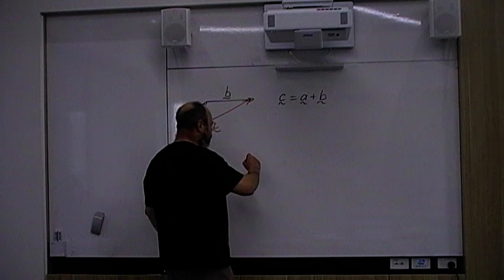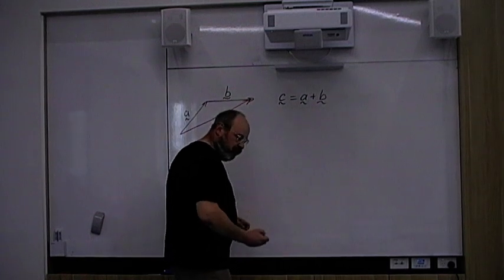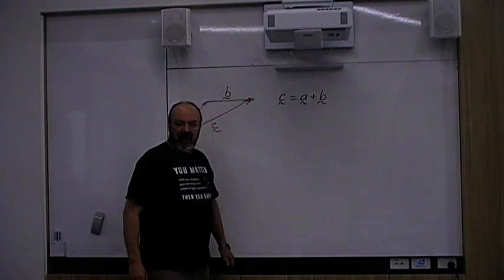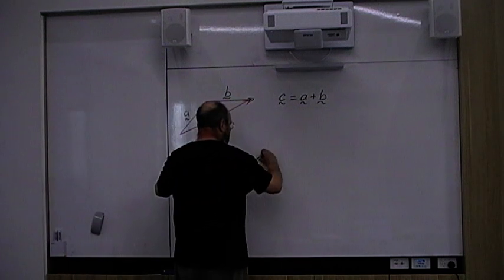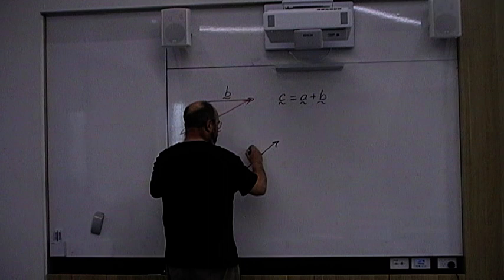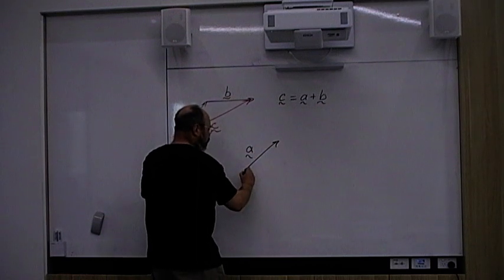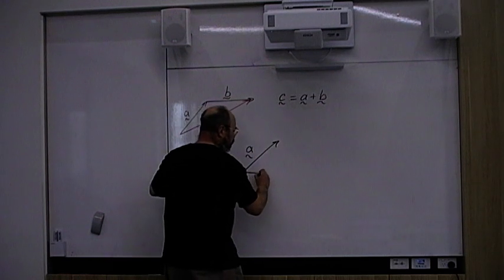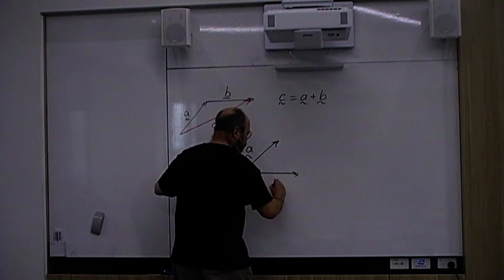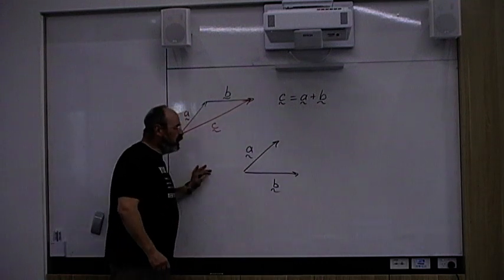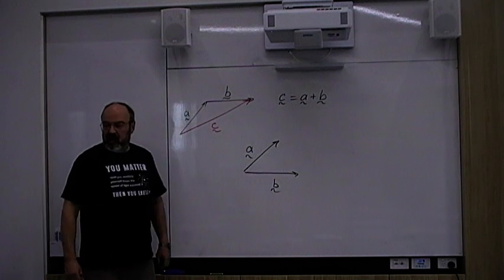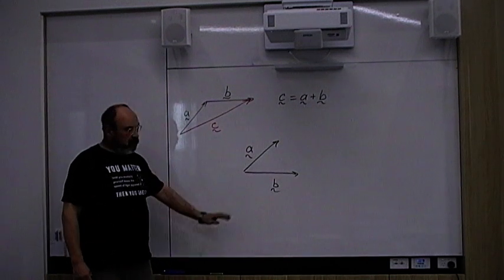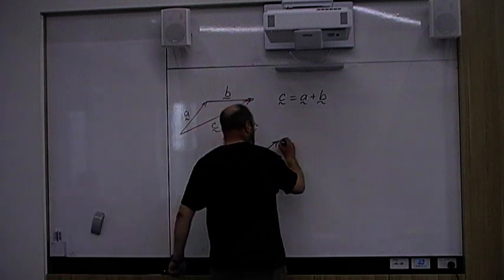Parallelogram rule. If we have two vectors which have the same beginning, like this is vector A and this is vector B, and we again are looking for vector C equal A plus B, we can make a parallelogram based on this.